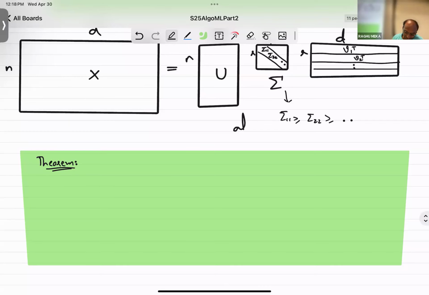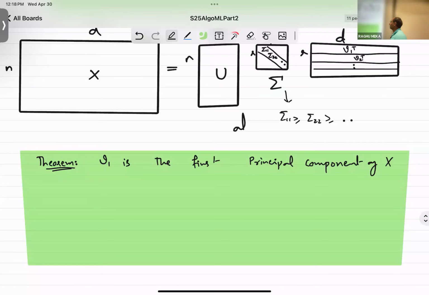Once you order the sigma this way, V1 is the first principal component of X. We defined the principal component without any factorization. We just said we wanted a vector which maximized the norm squared of X times V subject to the norm of V being 1, right? And it turns out that if you know the SVD, V1 is the first principal component of X. And V2 is the second principal component.